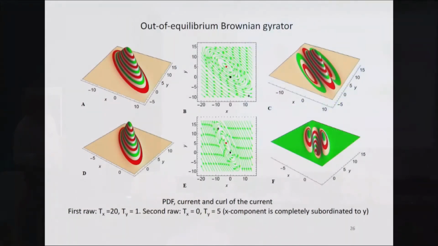This is the shape of the distribution in the case when Tx is 20, Ty is 1. This is the distribution in the case when Tx is 0, so the x component in dynamics is completely subordinated to the y component. And Ty is 5.